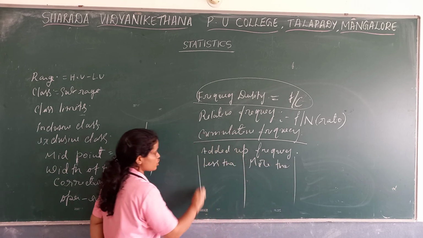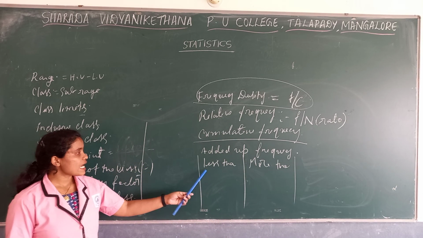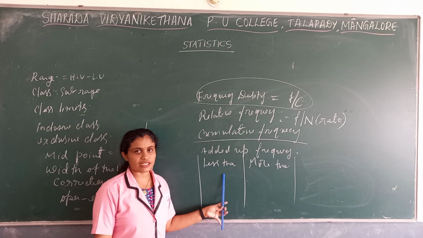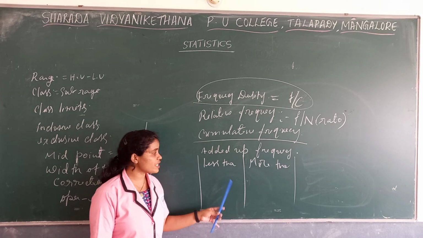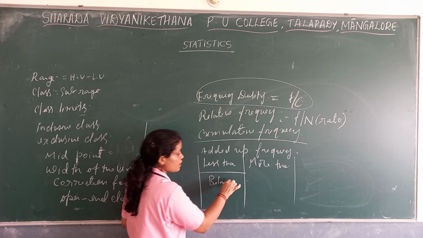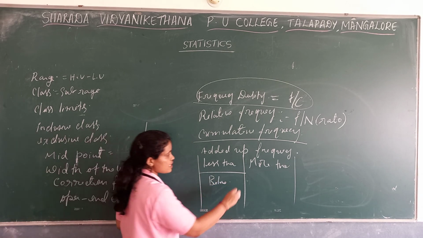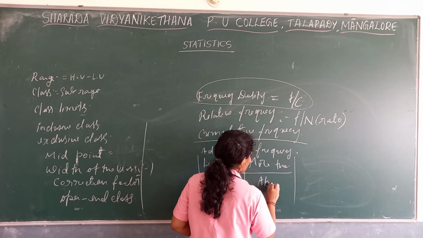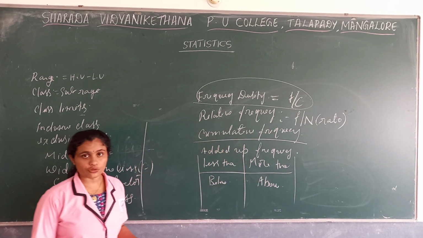What is less than cumulative? Frequencies below certain limits are less than cumulative frequencies, and frequencies above certain limits are more than cumulative frequencies.